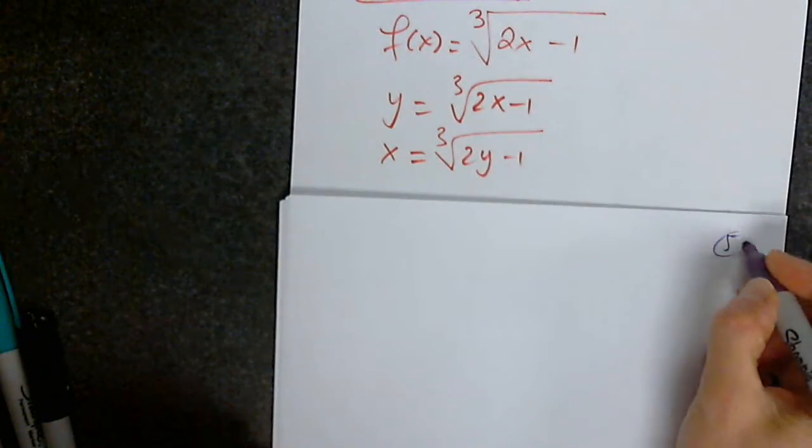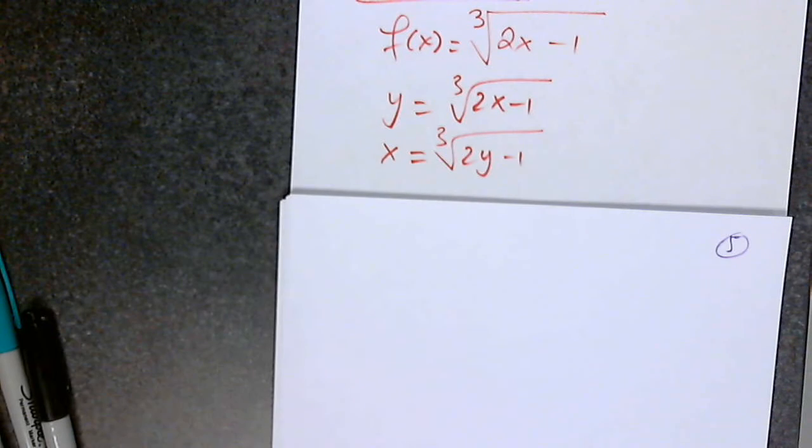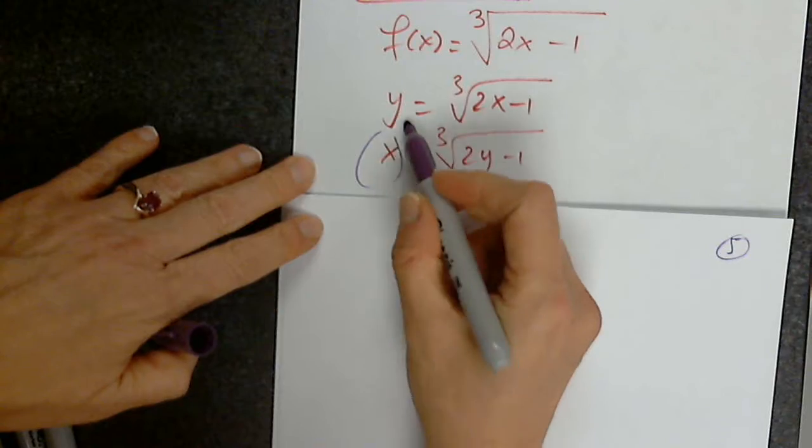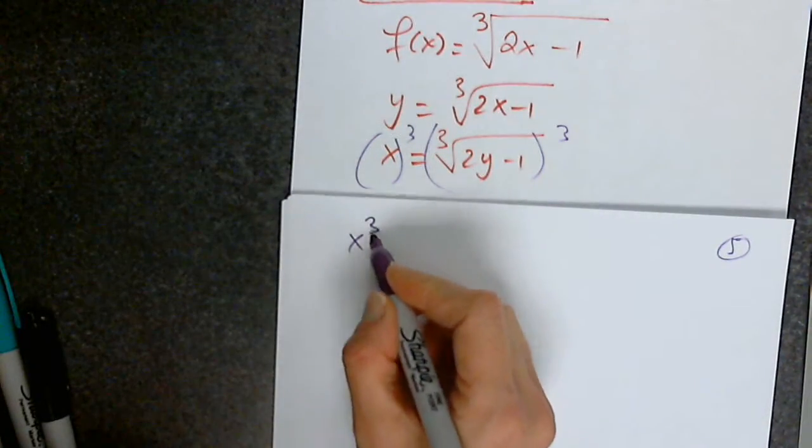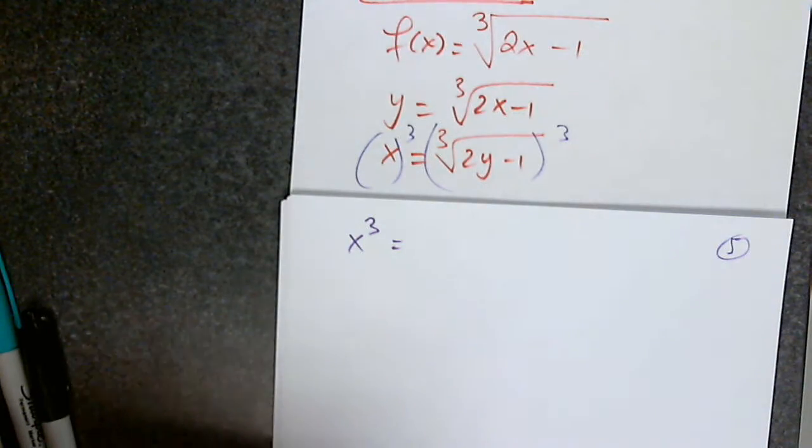Solve for y. Very good. How do I solve for y? What type of equation is this? Good. How do I solve? Cube both sides. Very good. The left-hand side is x cubed. The right-hand side is?